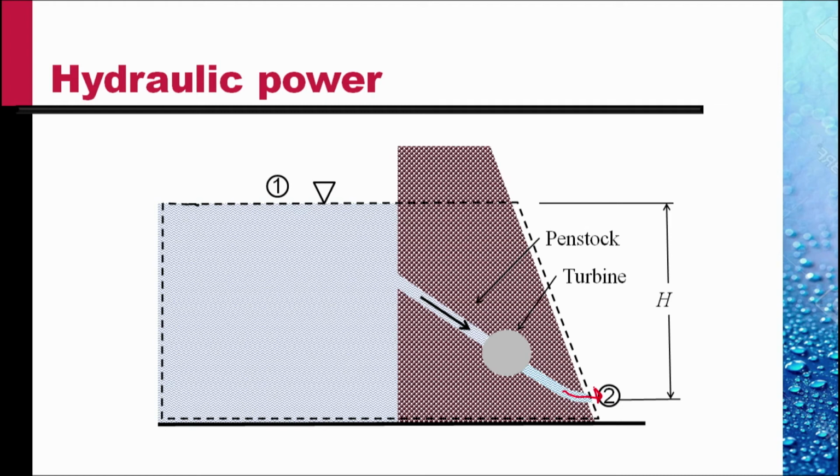Let us consider this as a relevant control volume with one inlet at 1, where the velocity can be assumed to be 0, the pressure is 0, the elevation head is h, and at 2, where there is a velocity, the pressure is 0, the atmospheric, and the elevation is 0 since we take the datum there.